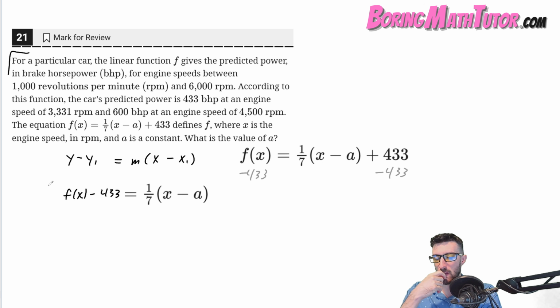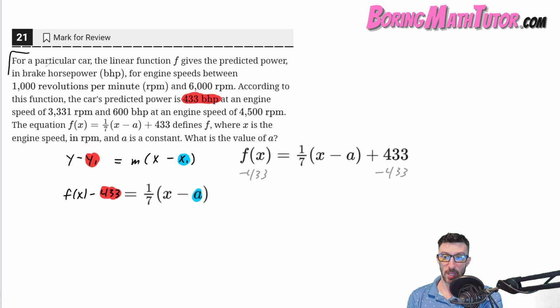And okay, the 433, maybe that's my y1 when my x1 is A. Okay, but where do I see the 433 show up in the problem? It says 433 BHP.